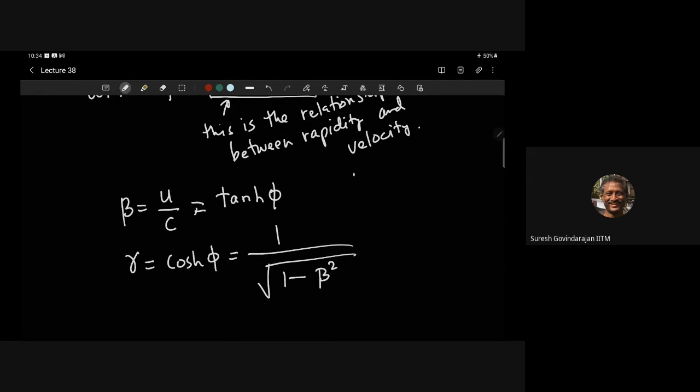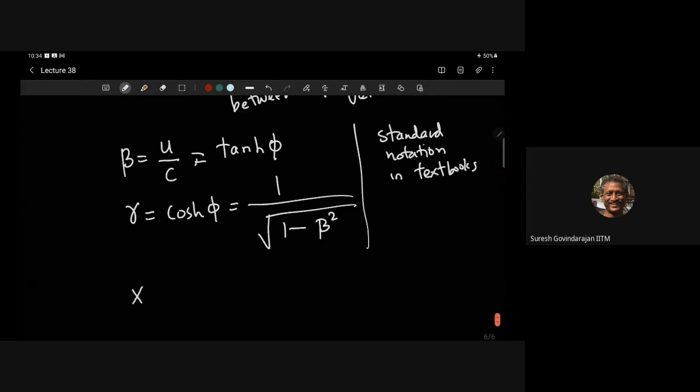This is standard textbook notation. So for instance, x prime will be gamma times x minus u t. This gamma factor is there.